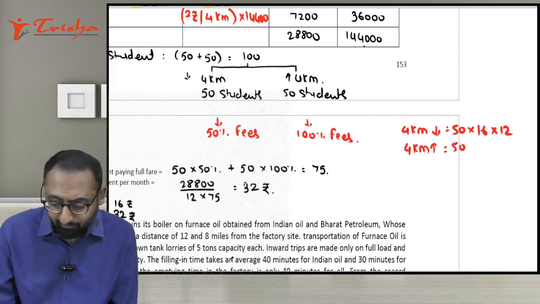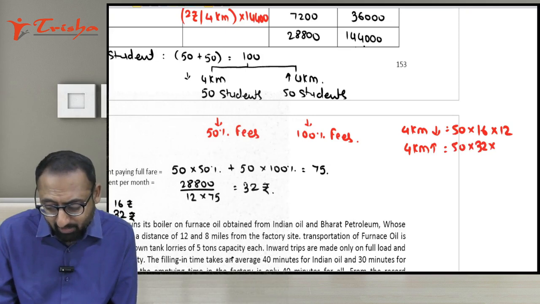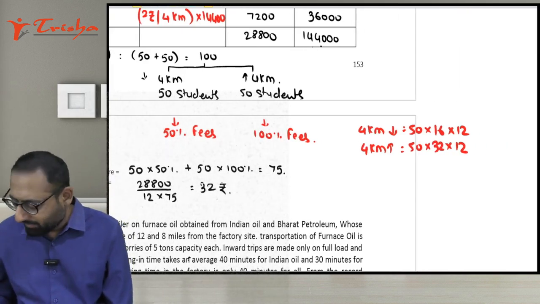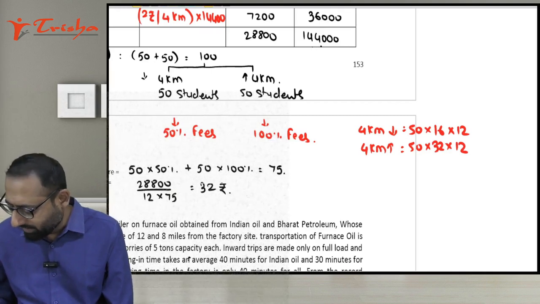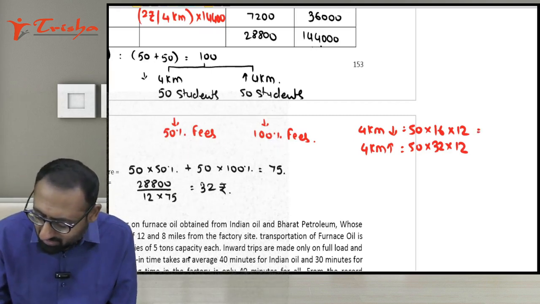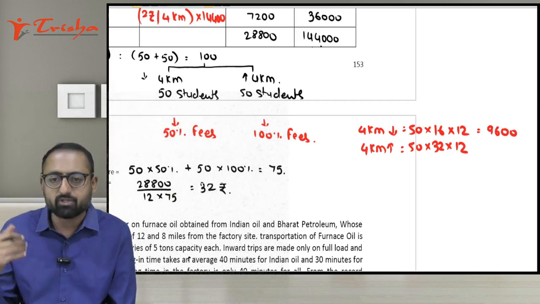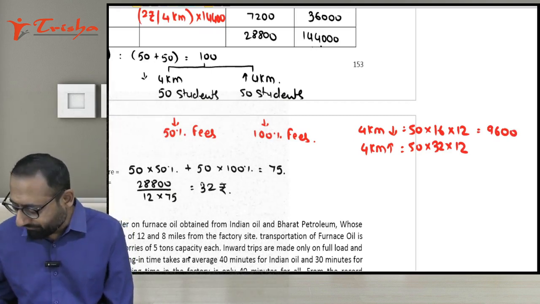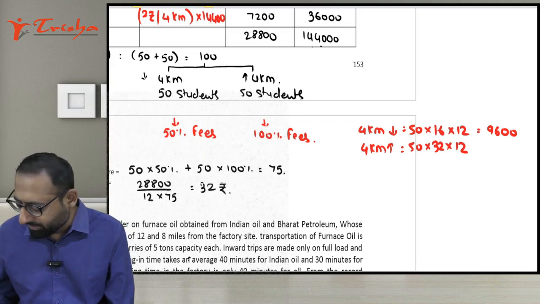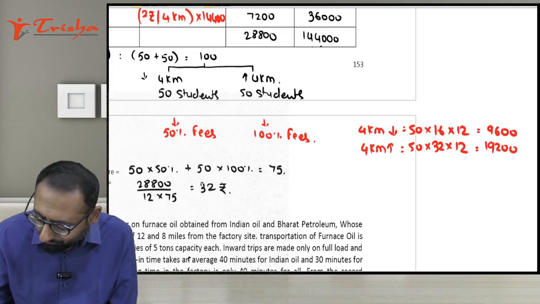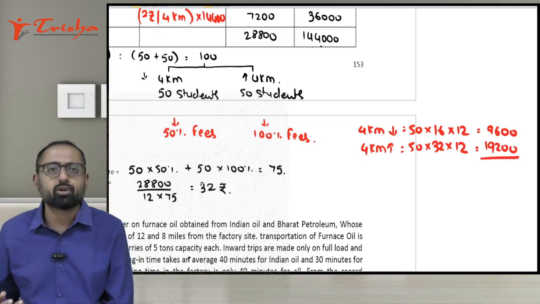We are charging full fees, that is 32 rupees per month multiplied by 12 months. Now you can easily calculate that. So 50 multiplied by 16 multiplied by 12, you can check that 9,600 is the cost recovered from the students coming within 4 kilometers from the school. Next one, 50 multiplied by 32 multiplied by 12, you can check that 19,200 is the cost recovered from the students coming beyond 4 kilometers from the school.